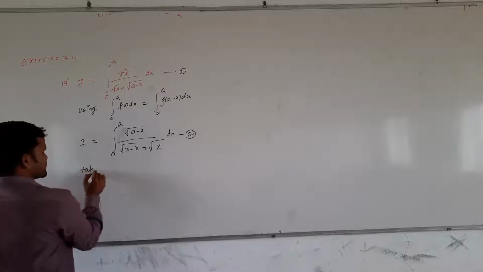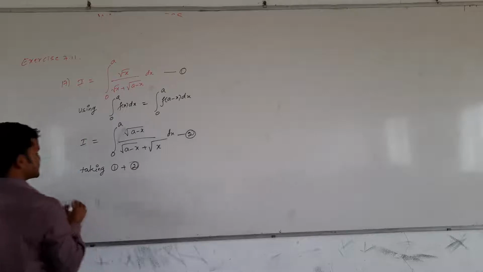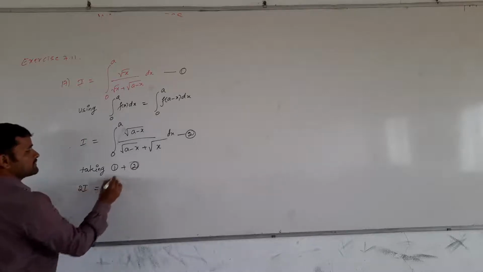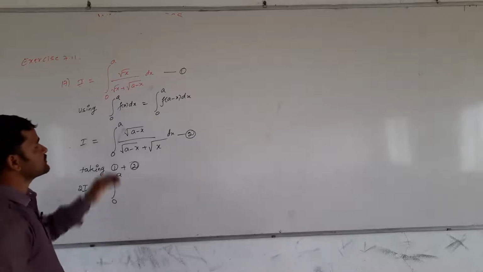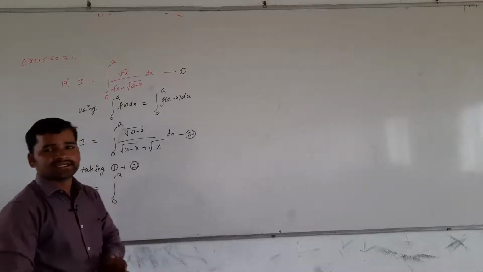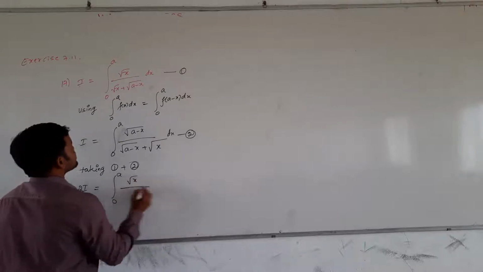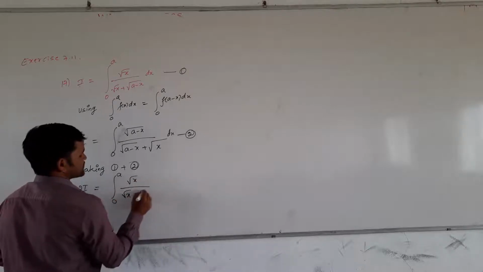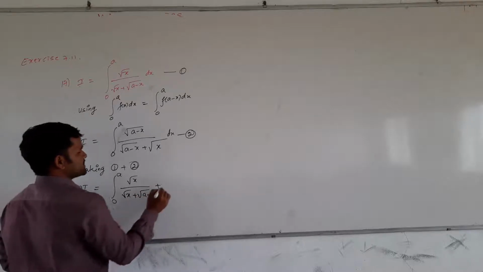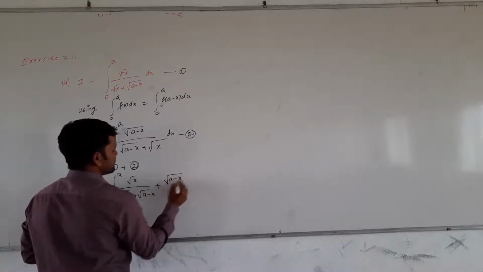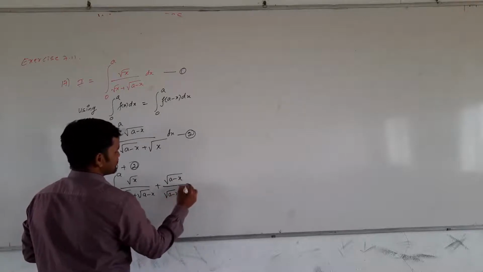Taking equation 1 plus equation 2, the left-hand side is 2I. Why am I adding equation 1 and equation 2? Because the denominators get cancelled out. From the first equation, it is square root of x by square root of x plus square root of a minus x, and from the second equation, it is square root of a minus x by square root of a minus x plus square root of x.